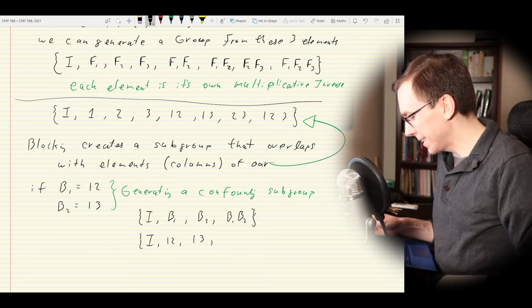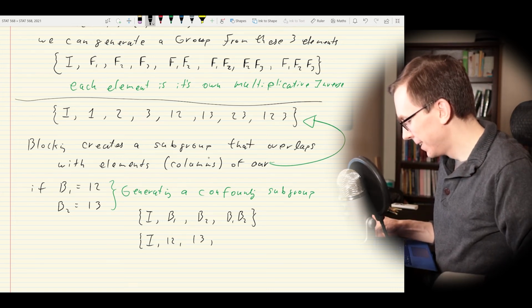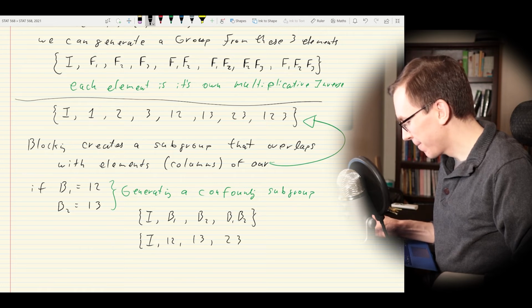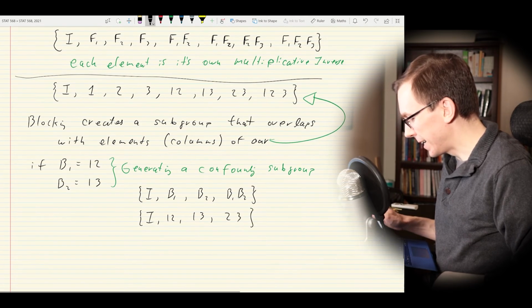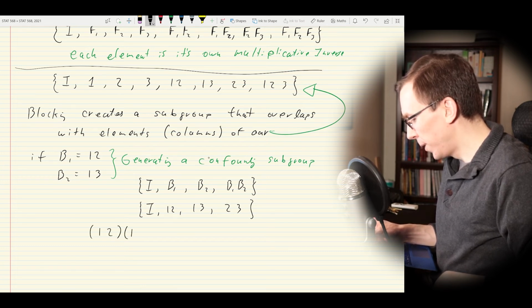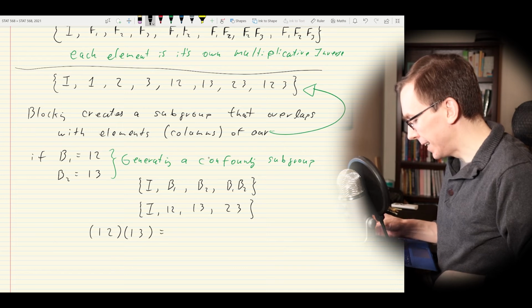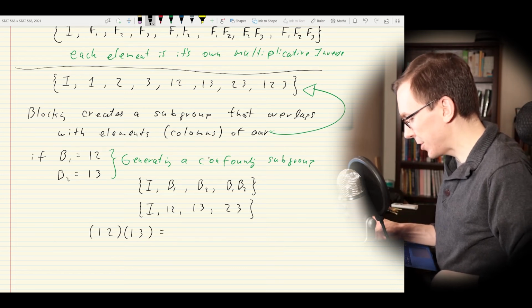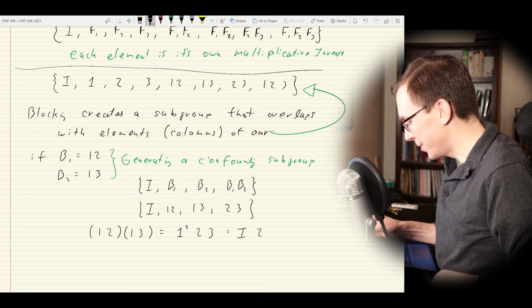The answer is 2 3, and I'll explain where that comes from. In this case, we're doing 1 times 2, 1 times 3, which, because we can commute multiplication, we get 1 squared times 2 times 3, which is just the identity, times 2 times 3, which is just 2 3.